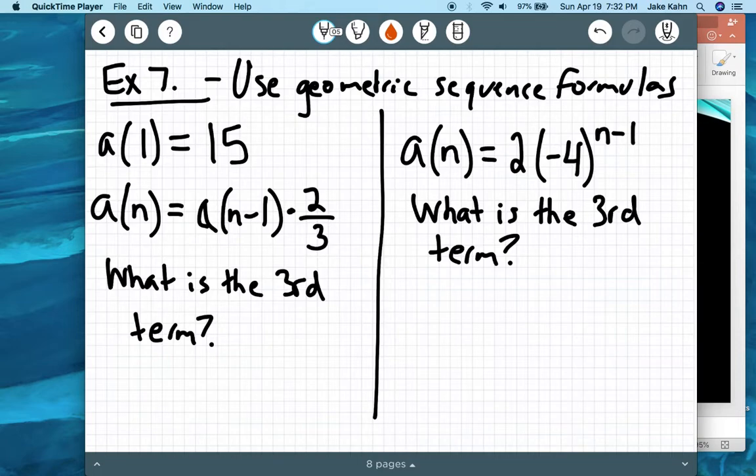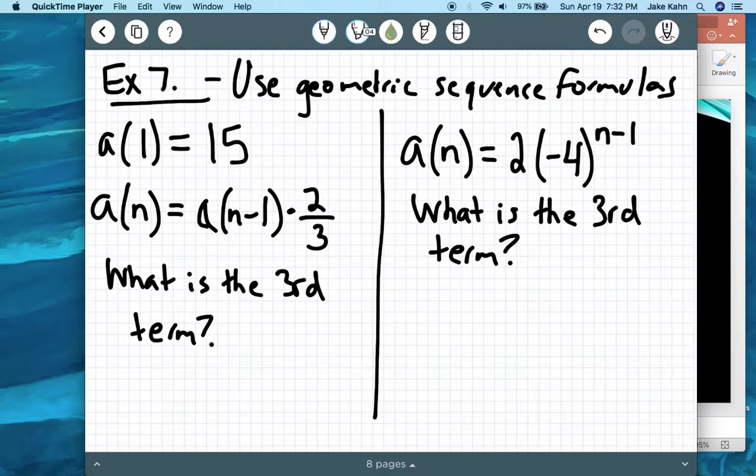All right, and now we're getting to the recursive and the explicit formulas again. We have two examples for this objective, on the left and the right, but they go pretty quickly. On the left, we have a recursive formula. It's two equations.